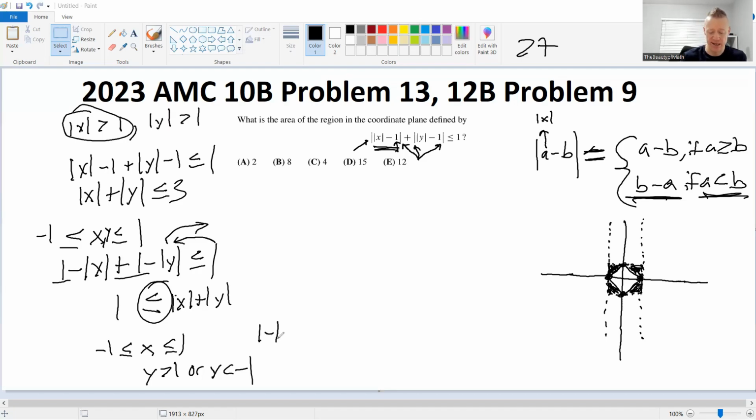You're going to get 1 minus the absolute value of x and plus, where's the other absolute value? We take it away because we already know the result based on this knowledge. Then the other one's going to be absolute value of y minus 1. Why is it that? Because the y is more than 1, which means when I take the absolute value, it will still be bigger than 1, and I don't need the absolute value.